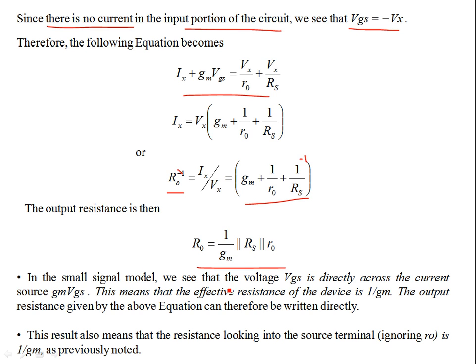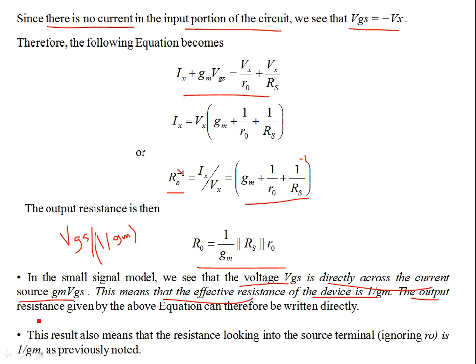So in the small signal model, we see that the voltage VGS is directly across the current source Gm VGS, which means Gm VGS can also be written as VGS divided by 1 over Gm. So 1 over Gm is your resistance. And where is this resistance? This resistance is at the source. So this means that the effective resistance of the device is 1 over Gm.